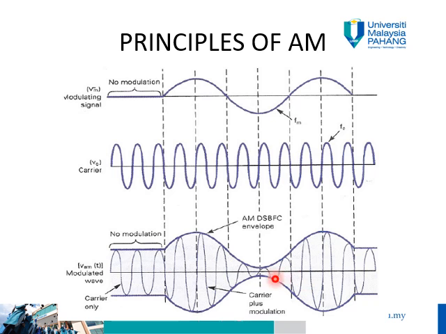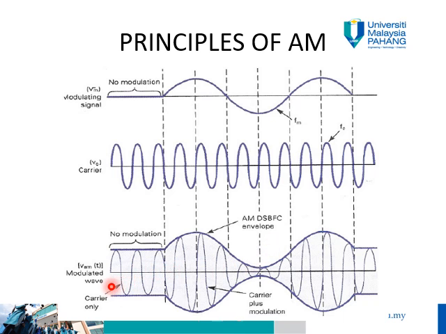You can see that the amplitude changes. This is the AM DSBFC envelope, amplitude modulated double sideband full carrier envelope.